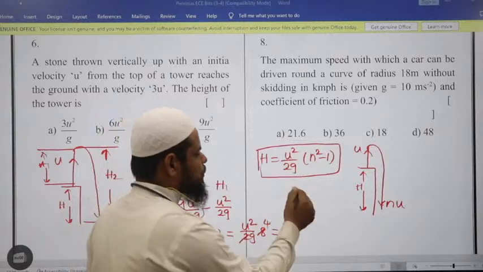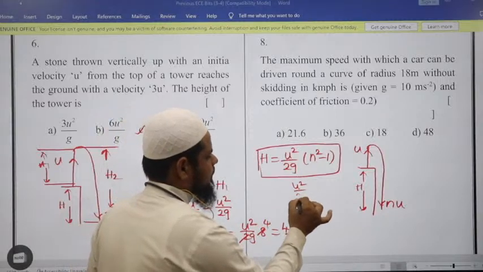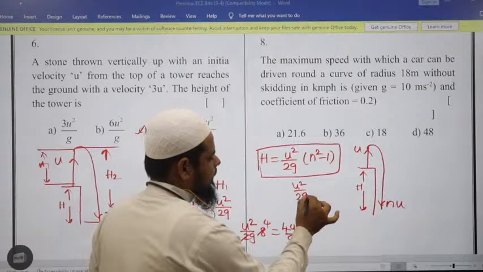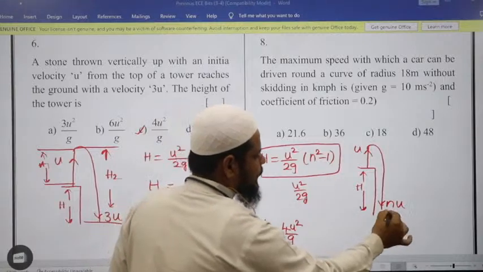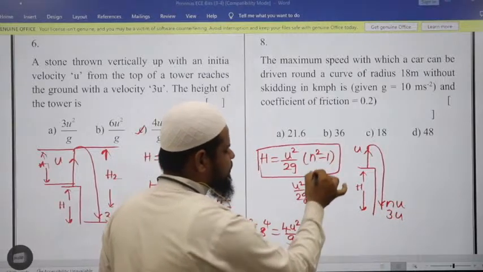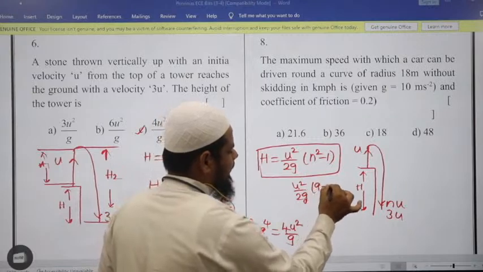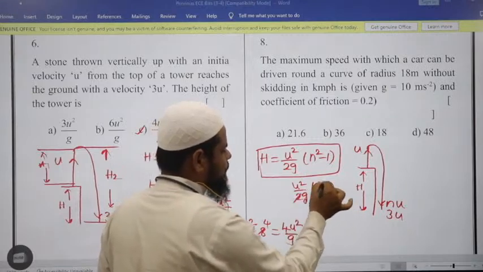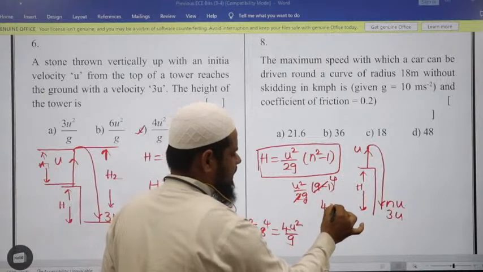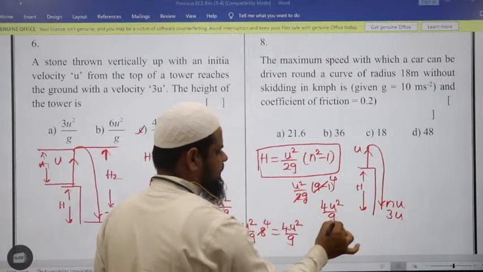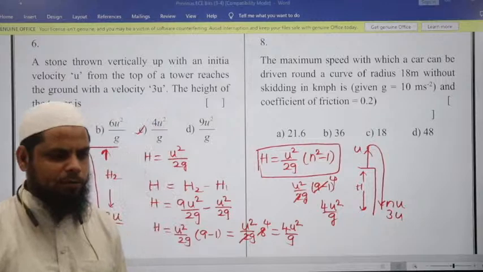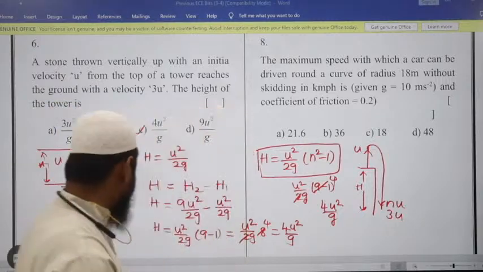U square by 2g, n square, n is here 3, so substitute that, 9 minus 1, so 2 1s are 2, 4s are 4. Again you will get the same answer, 4u square by g. So please remember this formula. Are you clear? Yeah.